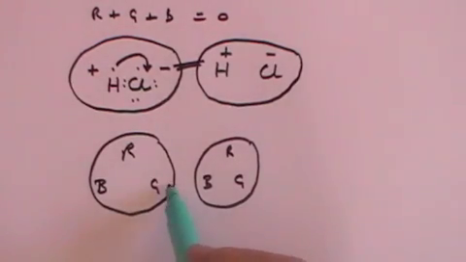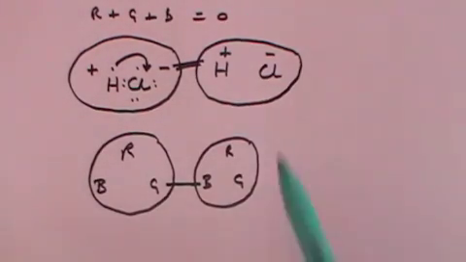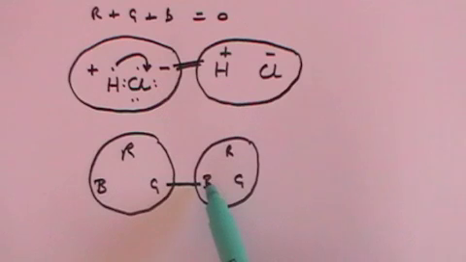The blue and the green here are close enough that they can do the same sort of thing as the hydrogen chloride did. This blue, if it were far enough away, would simply see a colour 0 charge. But if it's close, it will see the green is slightly closer than the others. So there's a net force between the blue and the green that is attractive. And that is called the residual nuclear force.